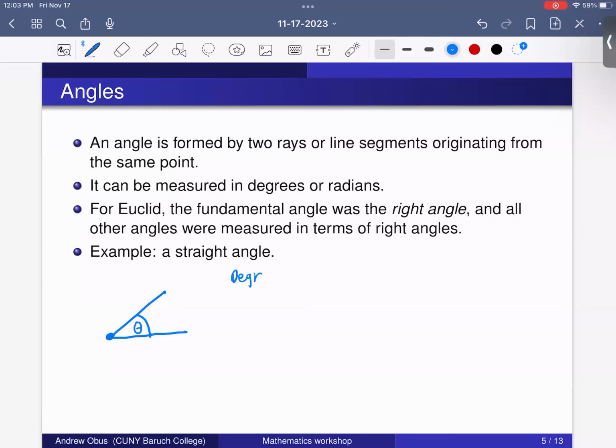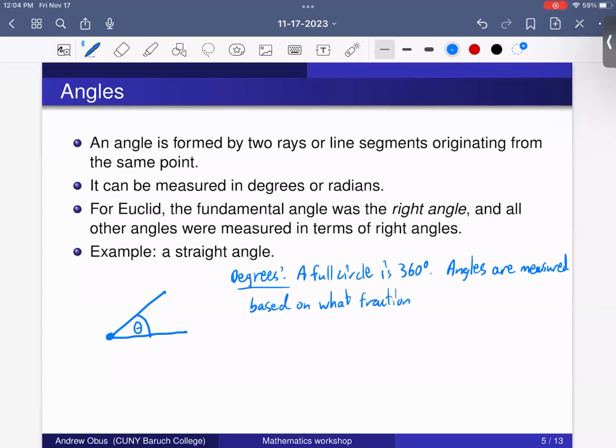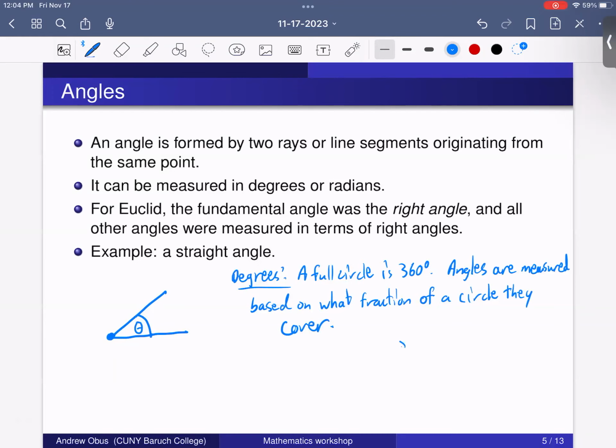So remember, degrees are defined by, a full circle is 360 degrees, and then angles are measured based on what fraction of a circle they cover. Right, so for instance, if I draw a circle, and I have an angle over here in the center of the circle, let's say it's made by this.